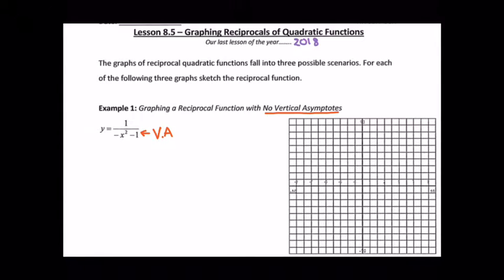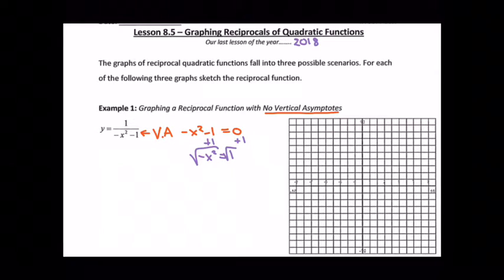So if I looked at negative x squared minus 1 and tried to make this equal to 0 to solve for x, which is what we were doing yesterday, I would add 1 to both sides, or I could factor it, but let's add 1. If I square root this, you can't square root a negative, so there are actually no x values.